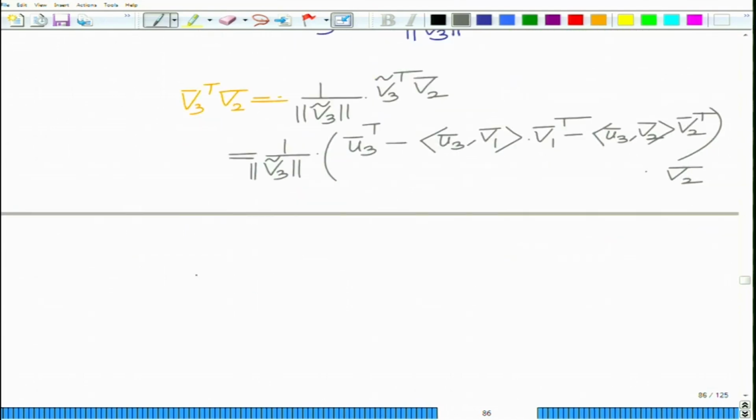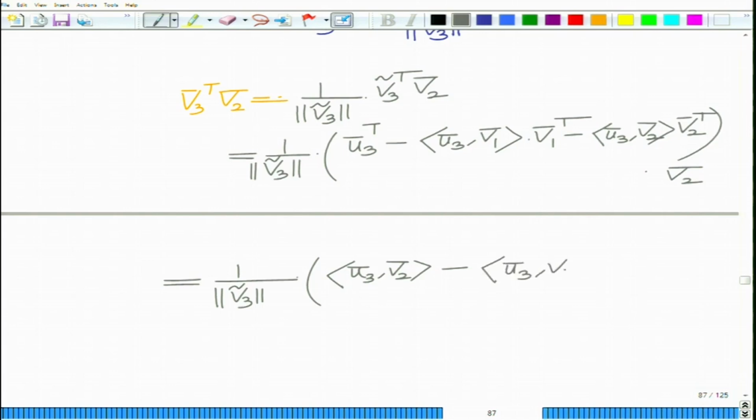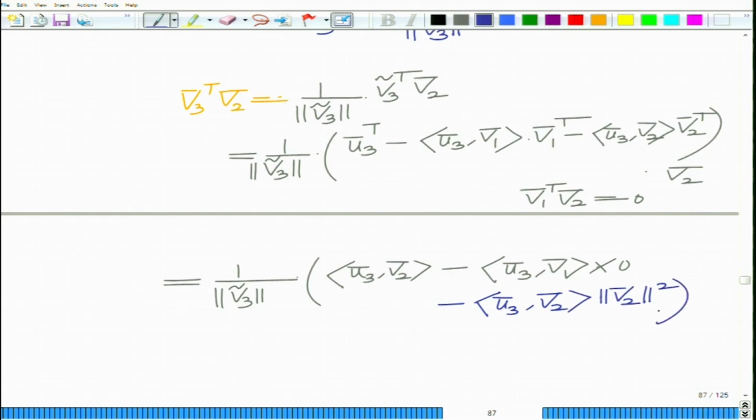And now you can see this will be 1 over norm V3 tilde times U3 bar transpose V2 bar, which equals the inner product of U3 bar and V2 bar minus the inner product of U3 bar and V1 bar times V1 bar transpose V2 bar. Observe that V1 bar transpose V2 bar is equal to 0, so that term is 0, minus the inner product of U3 bar and V2 bar times V2 bar transpose V2 bar, that is norm V2 bar square, which is once again 1.